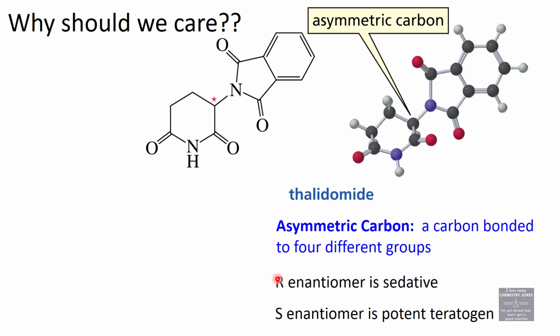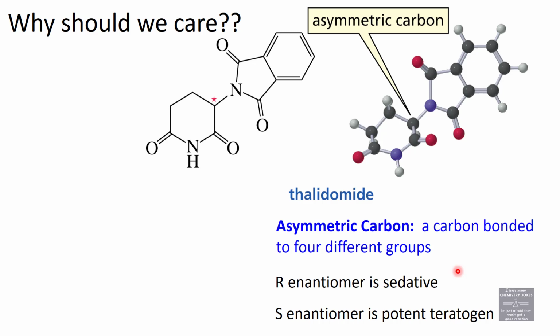So those 2 enantiomers have different designations, R and S, and they can potentially do different things in our bodies. Thalidomide is a drug that was prescribed to pregnant women in the 1950s. It was prescribed to help their morning sickness. This sedative action of the R enantiomer was very helpful to their morning sickness.